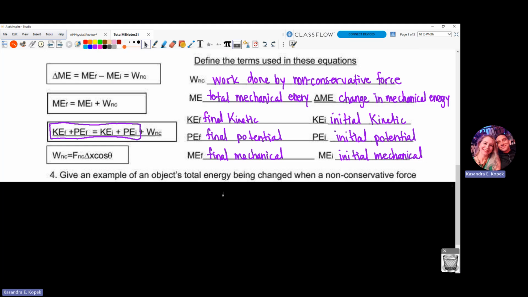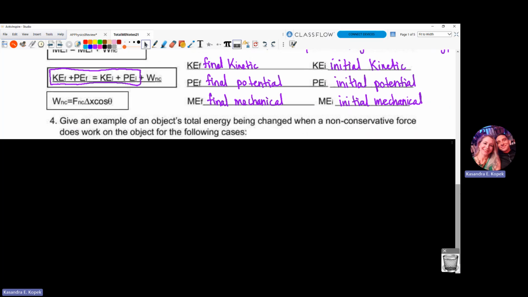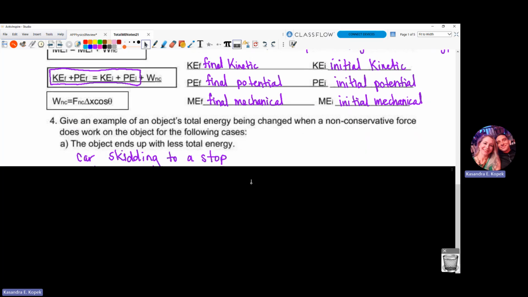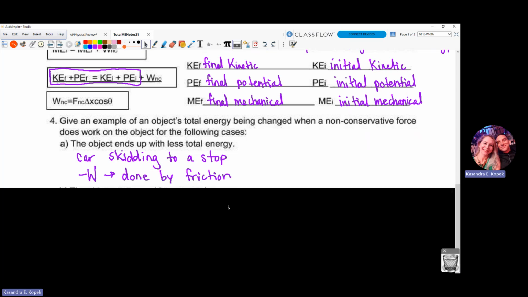Okay, the next thing we're going to talk about is where an object's total energy is changed with a non-conservative force doing work. So we have a couple cases of that happening. The first one, an object ends up with less total energy. So a car is getting to a stop, right? Slowing down, it's losing its total energy, coming to a stop.